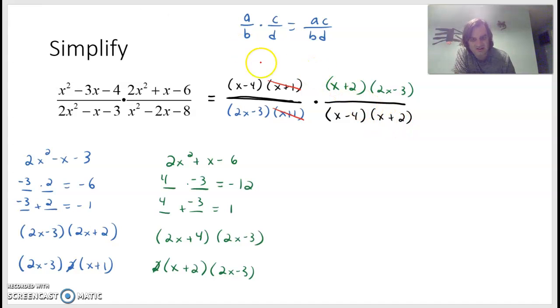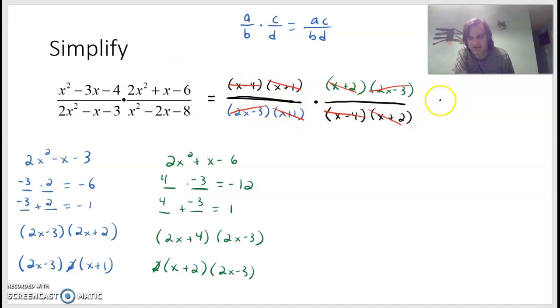But coming back through here, I now see that I have an x minus 4 in the top and bottom. I have an x plus 2 in the top and bottom, and 2x minus 3 in top and bottom. So everything reduced, surprisingly. Now that doesn't mean we get 0. It means everything reduced.